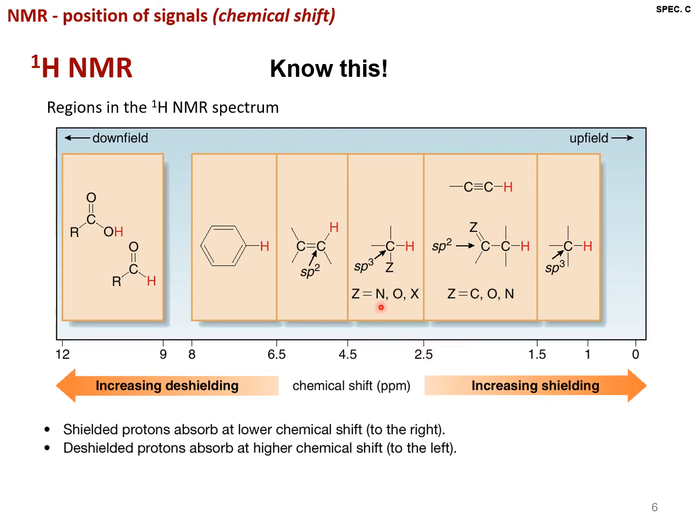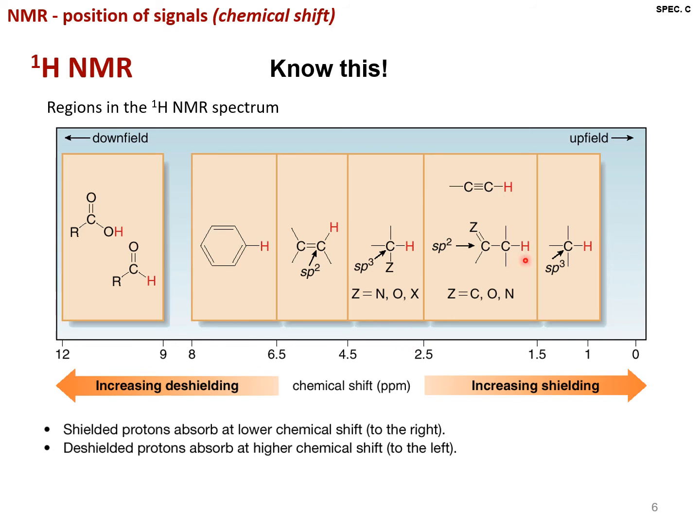The more electronegative the atom, the further downfield this is going to be. So oxygen and halogen are more electronegative than nitrogen. So the hydrogen on a carbon bearing oxygen or halogen are going to be 3, 3.5, 4, 4.5, whereas the hydrogen on a carbon bearing nitrogen is going to be a little bit closer to 2.5.